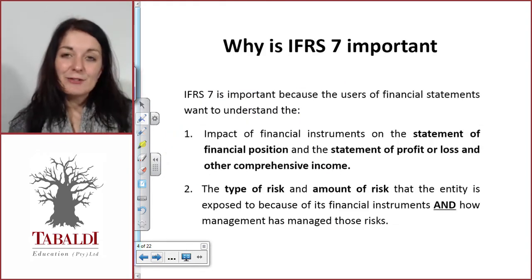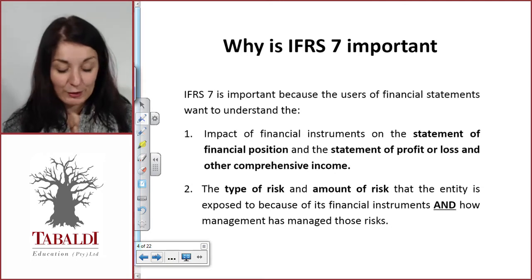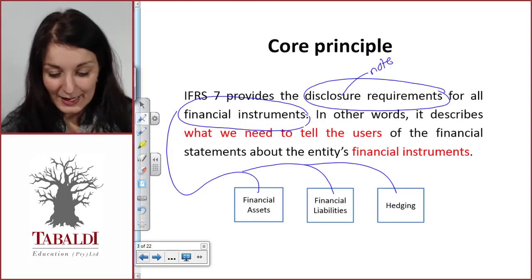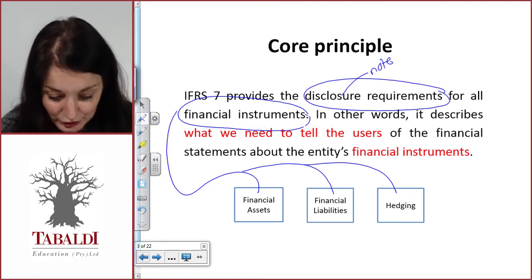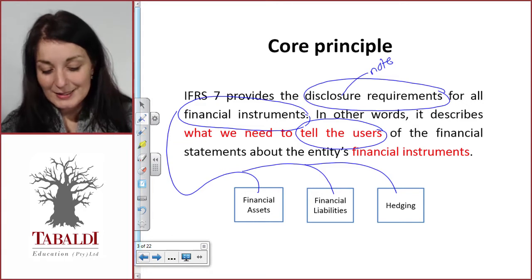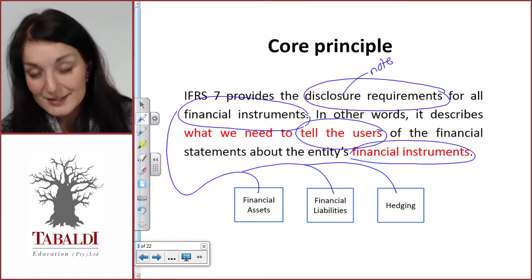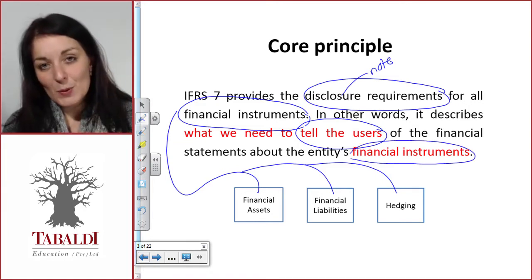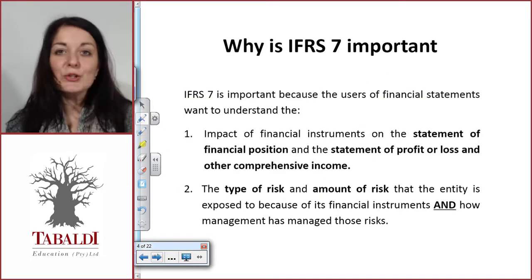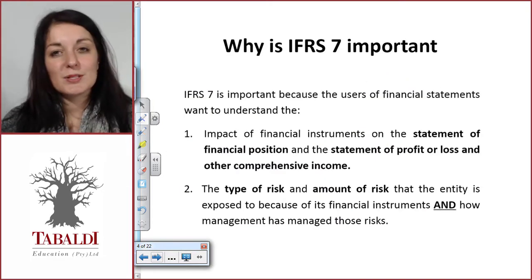So why is IFRS 7 so important? If we go a step back and look at this sentence where we say we need to tell the users of the financial statements about the entity's financial instruments, why is that important? Now, IFRS 7 gives us two reasons why this is important for the users.